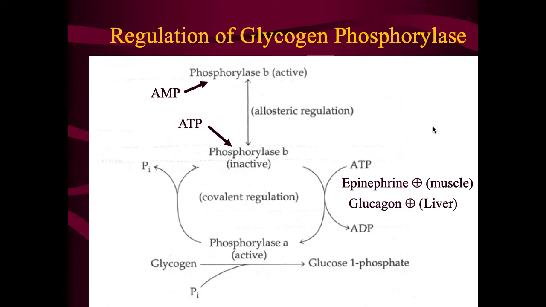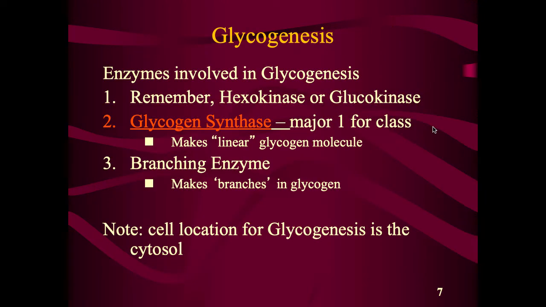So, like I said, just work through it and then look back at the slide and say, oh, okay, that makes sense. Did you say that AMP activates it or inactivates it? Activates it. AMP activates it. Got it? So that's glycogenolysis. Now let's go to the opposite. Here's making glycogen.